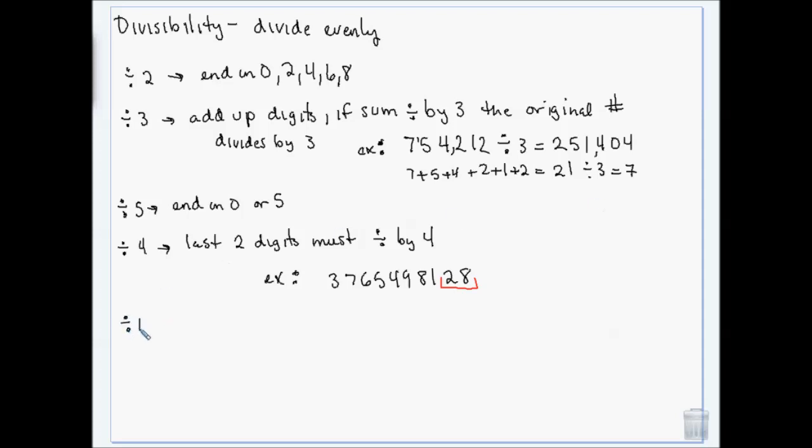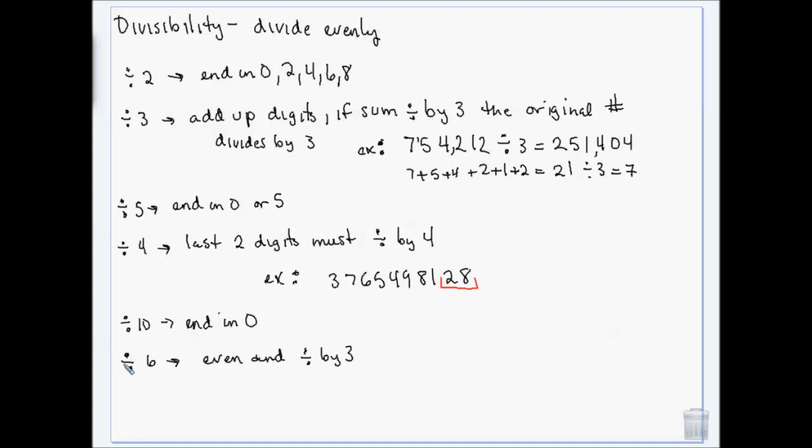To divide by 10, you end in 0. To divide by 6, you're even, and you divide by 3. So if both of these rules are true, then it'll divide by 6 as well.